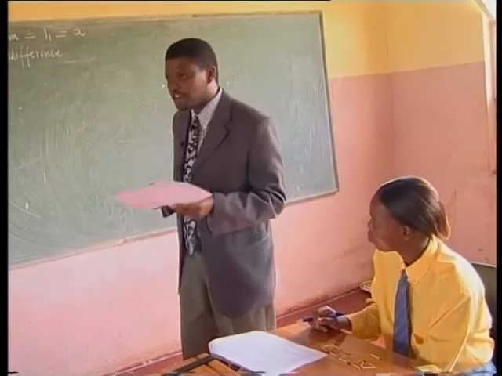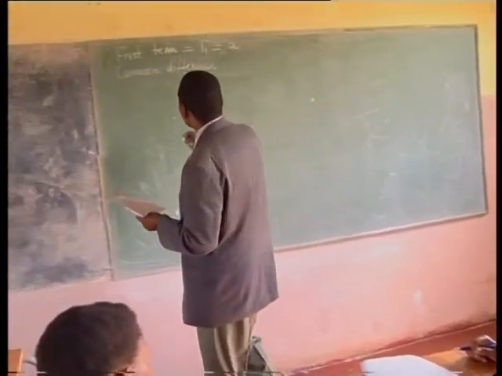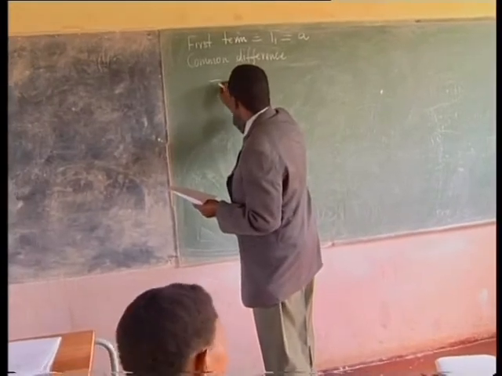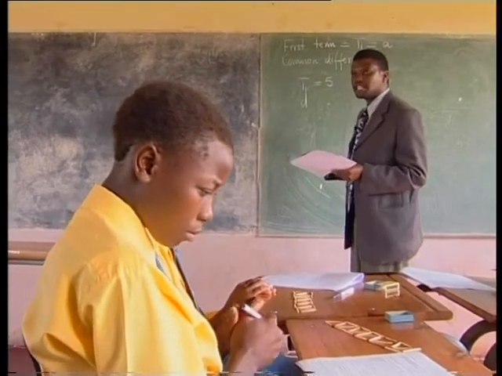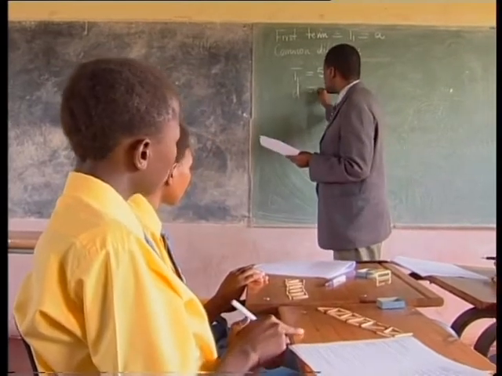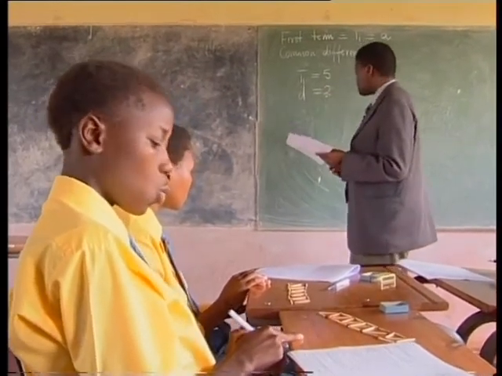Now that the terminology is defined, the formula can be developed. Looking at the table, we said our first term, or A, is equal to 5, right? And the common difference, represented by small letter d, is equal to 2 to get to the next term, which is T2.